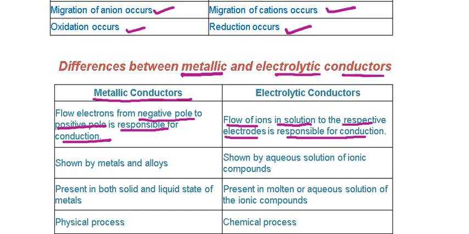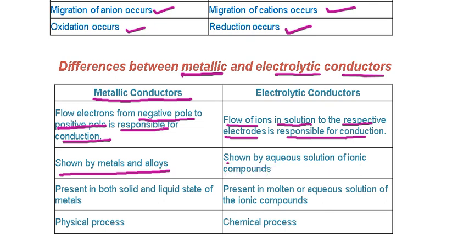Metallic conductors are shown by metals and alloys, and electrolytic conductors are shown by aqueous solutions or ionic compounds. I hope you have understood this one.